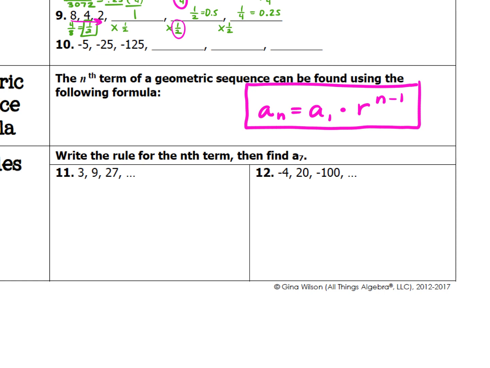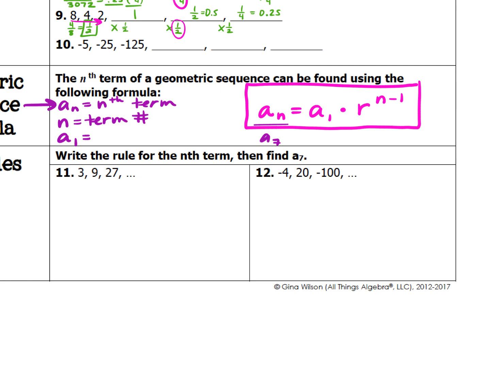What you need to know is that a sub n is talking about the nth term. So if I ask you to find the 7th term, I would say find a sub 7. I'm saying find the 7th term, which means n is the term number in the problem. And a sub 1, any guesses based on what I just told you about this?